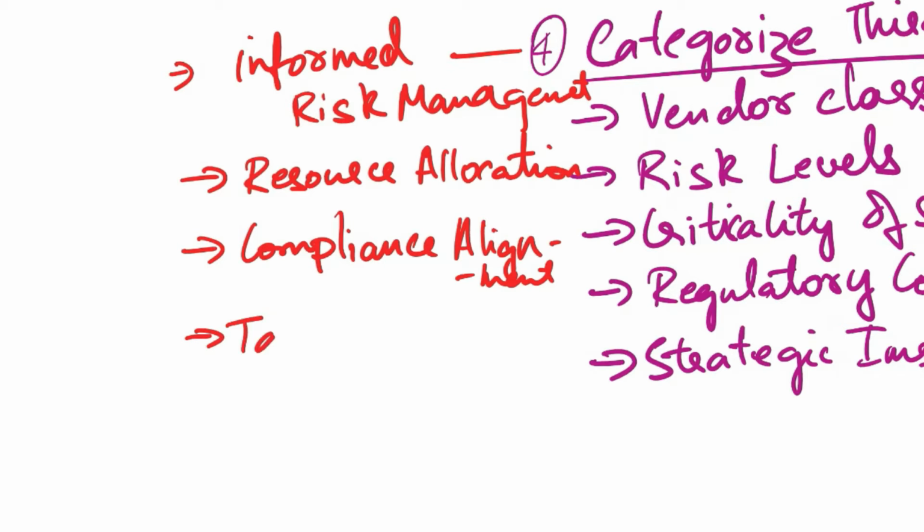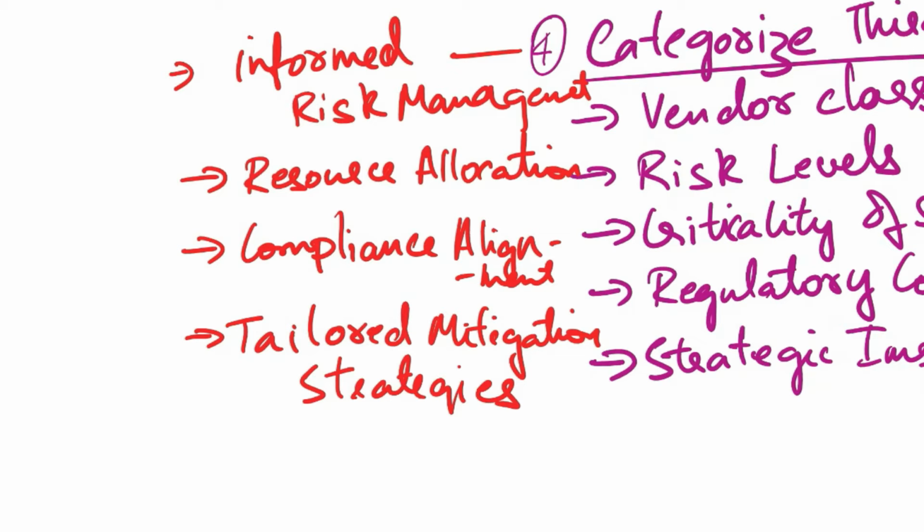Next, tailored mitigation strategies. Different risk categories may require different mitigation strategies. By categorizing third parties, organizations can tailor their risk mitigation plans to address the specific challenges posed by each category, enhancing the effectiveness of risk management efforts.